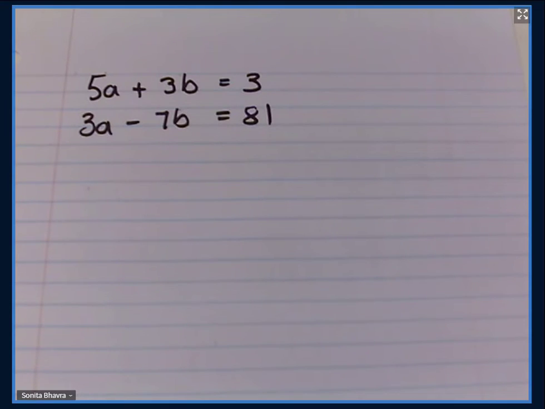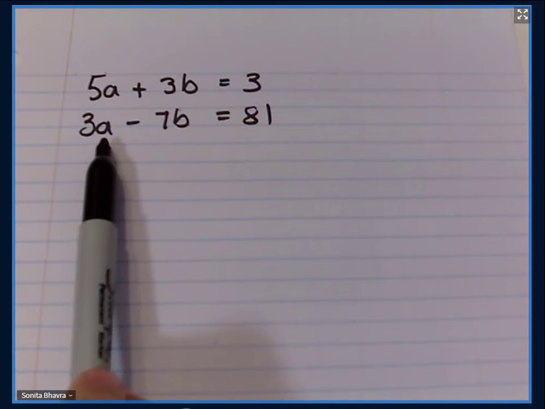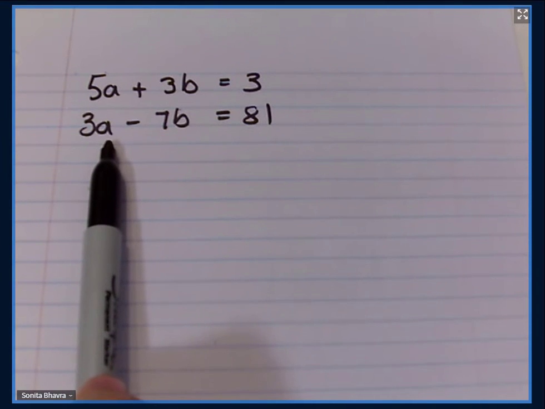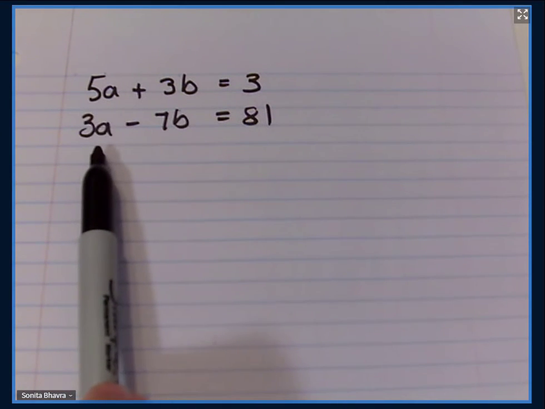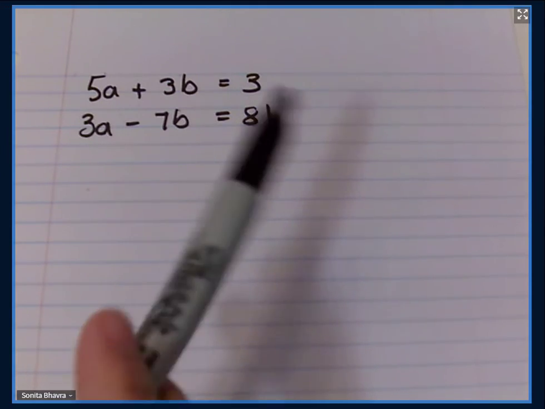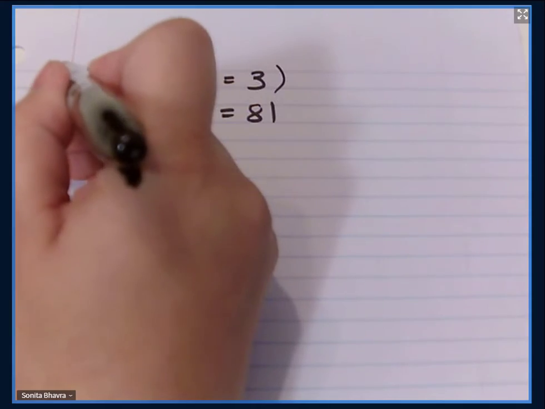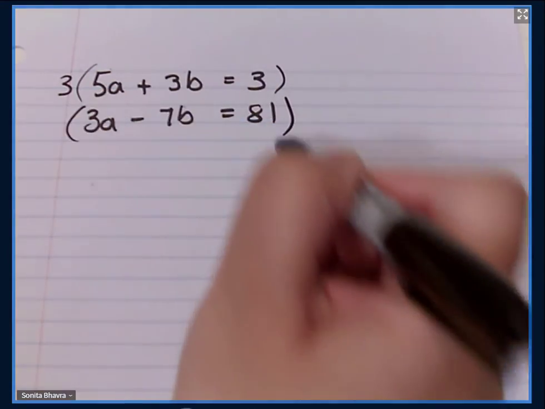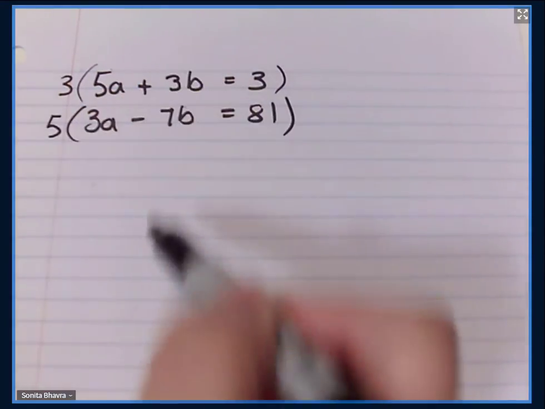All right, so we're looking at the same two equations as before, but this time I'm going to eliminate a. To eliminate a, I'm going to make both of them equal to 15. So I will multiply the top equation by 3, and the second equation by 5.